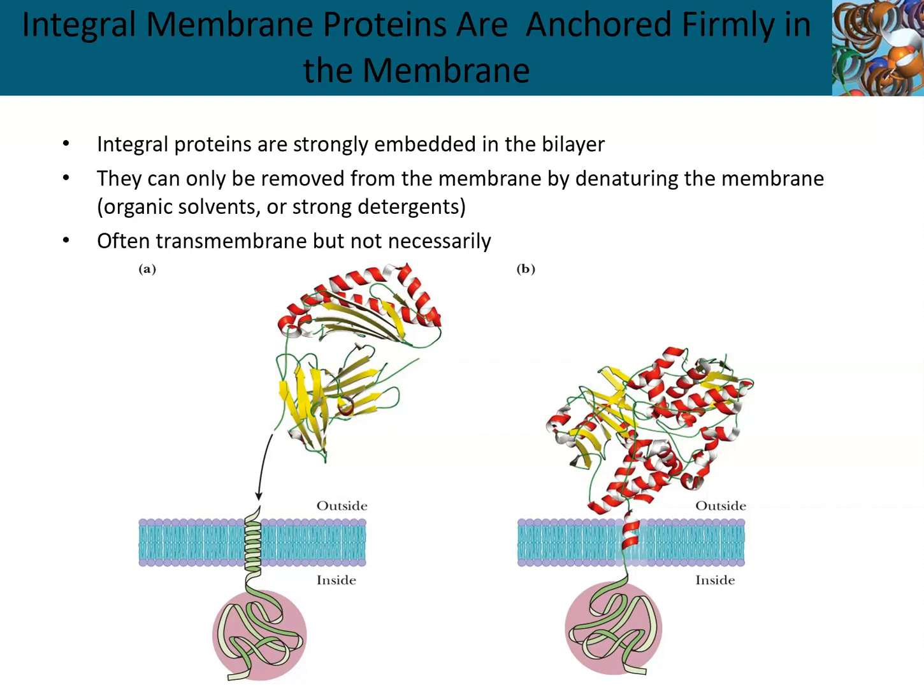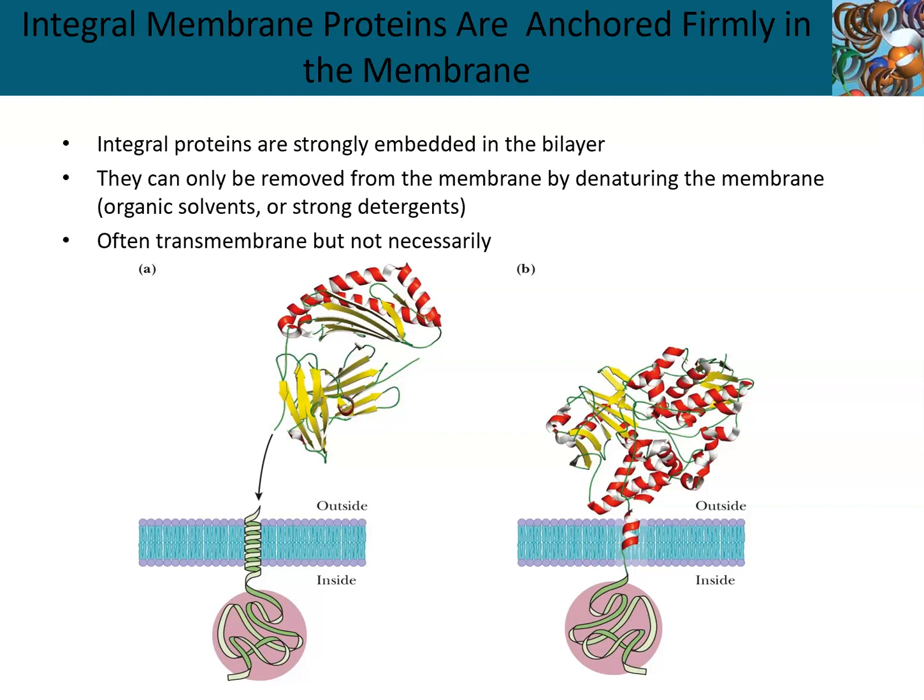So the integral proteins are strongly embedded in the bilayer, and they don't always span the whole membrane, but they very often do. And not only do they often span the membrane, it's really common for multiple sections of the protein to weave in and out of the membrane multiple times, which we'll take a look at in the next slide.